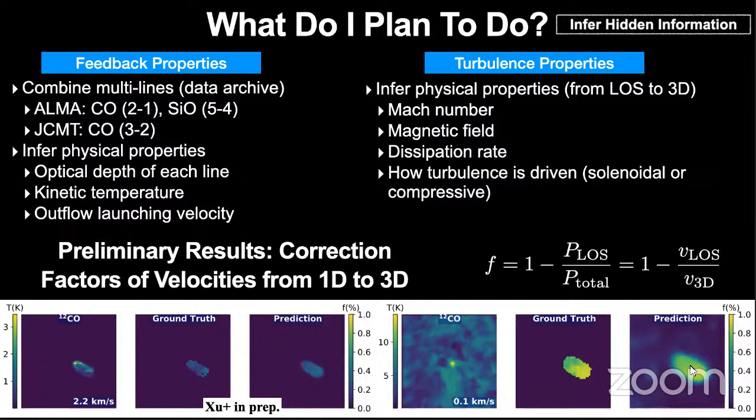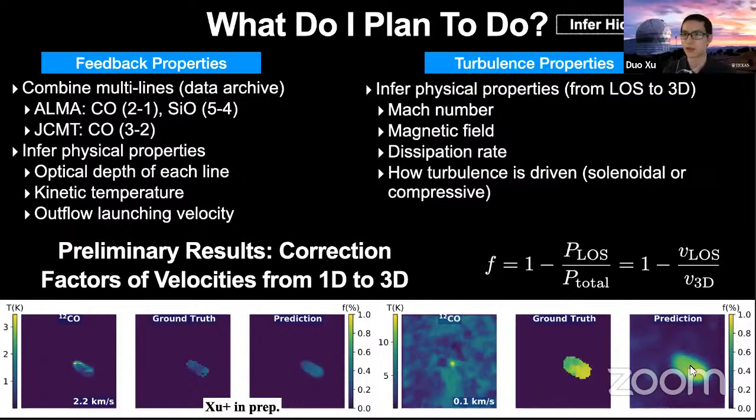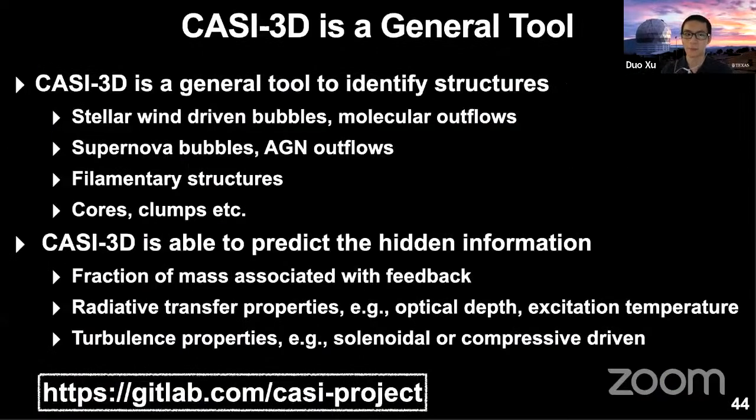That will give us a better quantification of the three-dimensional dynamic analysis related to feedback. Here I want to re-emphasize that our CASI-3D model is a really general tool. It's not limited to structure identification. It's also able to predict hidden information, such as the mass, radiative transfer properties, or turbulence properties. And the algorithm is public, so feel free to download and use it.